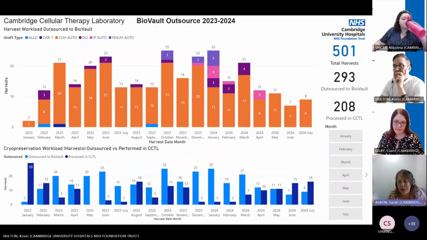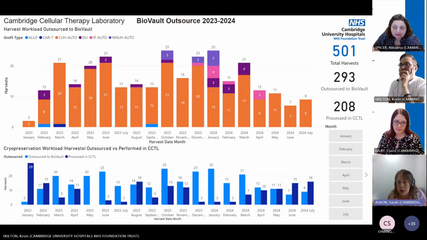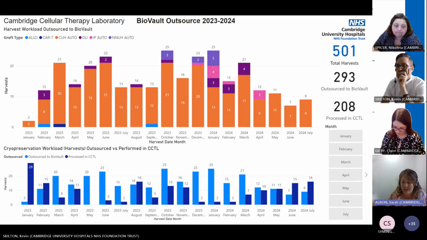The increase in July 2024, where there's 9 outsourced as opposed to 7 in June, shouldn't be perceived as negative, because the data shows that our workload as a whole was much, much higher in July compared to June. So we did still process a lot in-house. That's why we're not seeing that decline on that top graph.